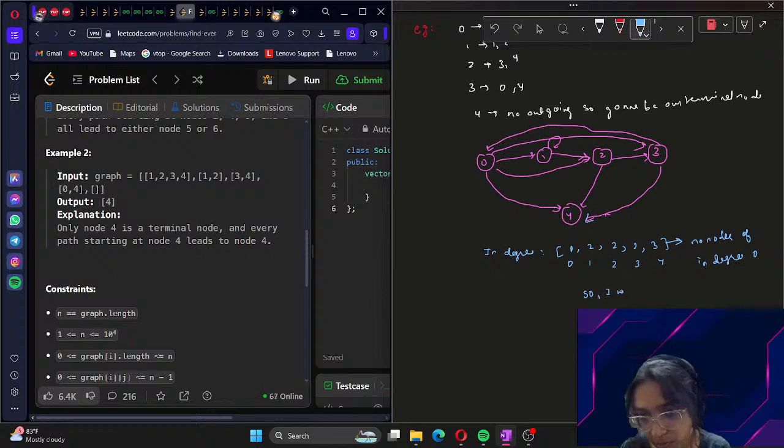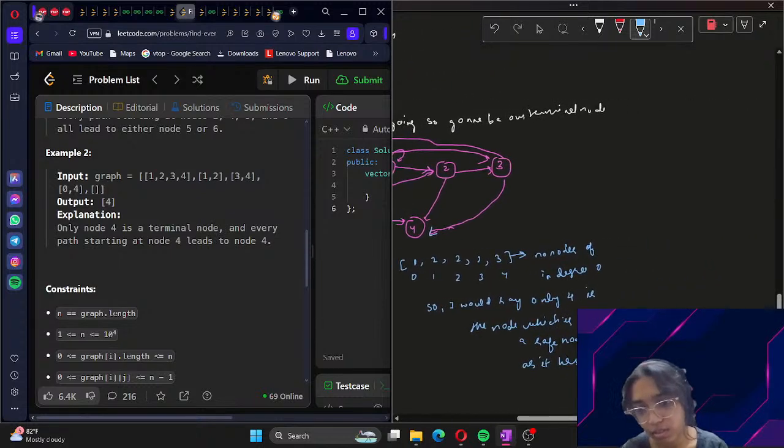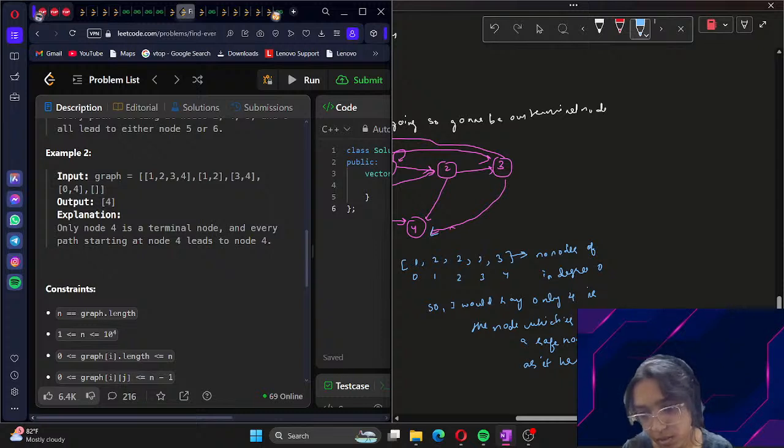So I would say only 4 is a node which is a safe node, as it has no outgoing edges.